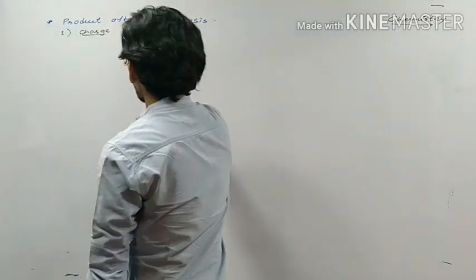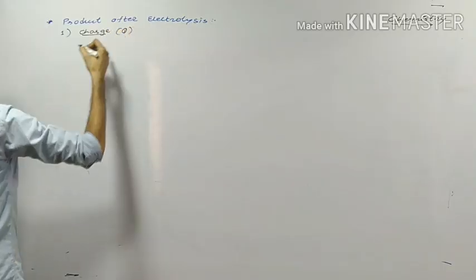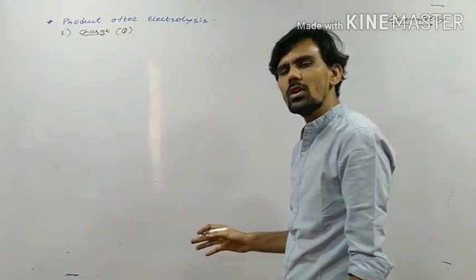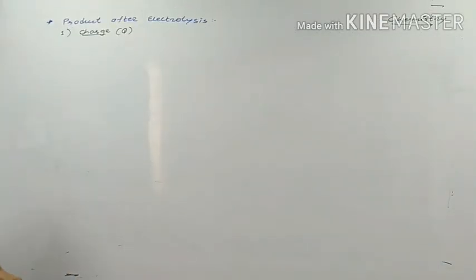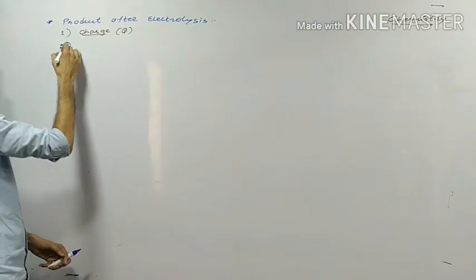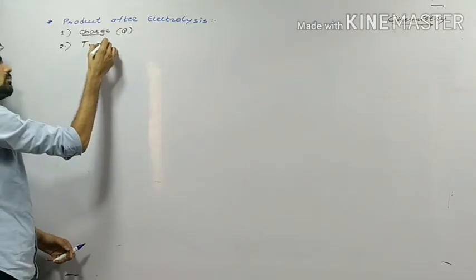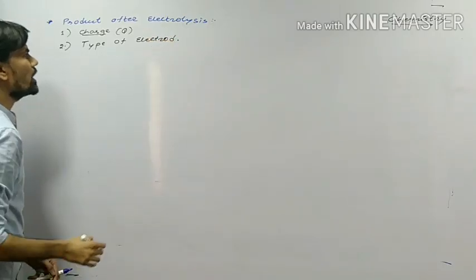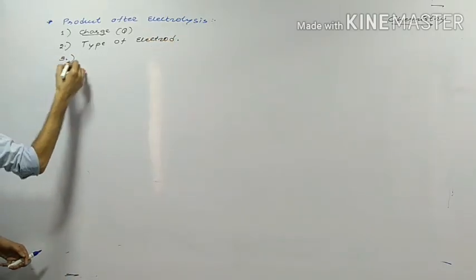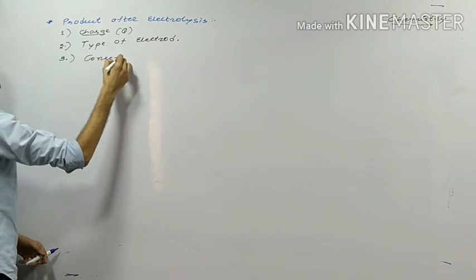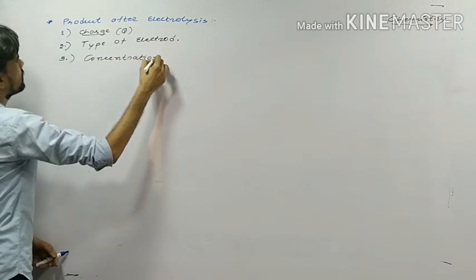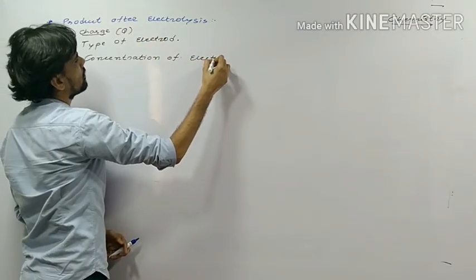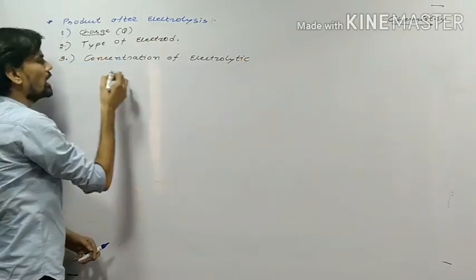If the amount of charge increases, the amount of product increases, as we studied in Faraday's first law. Second one is the type of electrode, and third one is the concentration of electrolytic solution.